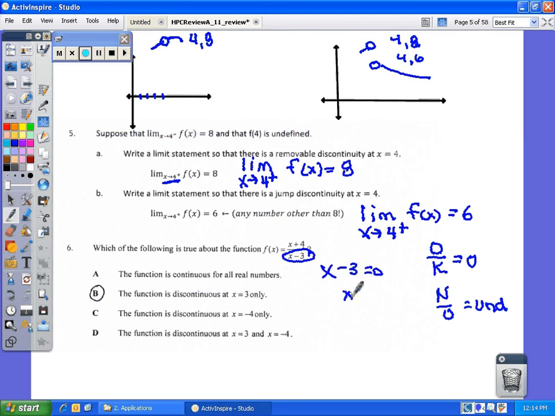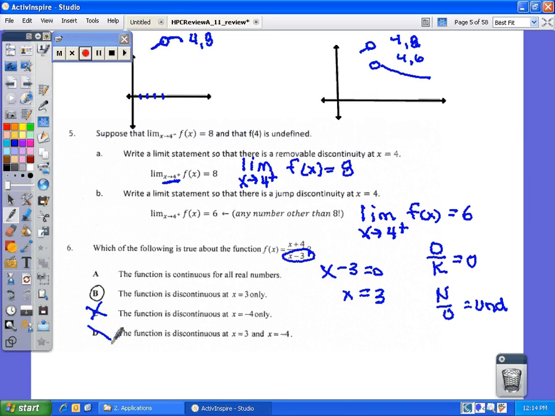And that would occur when x is 3. I don't care if the numerator has a 0 value. It's okay to have a 0 in the numerator. That will not cause discontinuity. Therefore, I can eliminate two answer choices. C, it doesn't matter if x is negative 4. It doesn't matter if the numerator is 0.